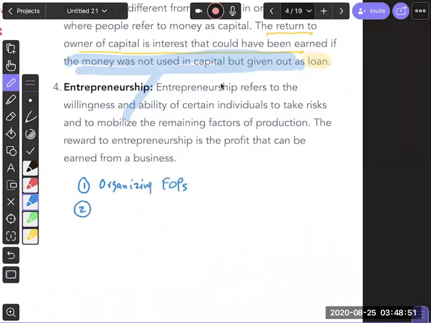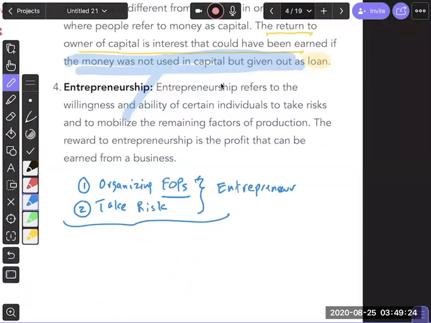Number two, he is also taking risk. Although organizing factors of production can be done by a manager too, these two things together are done by the entrepreneur, who is the one starting a business. The reason he does all this is because he's hoping to earn some profits.